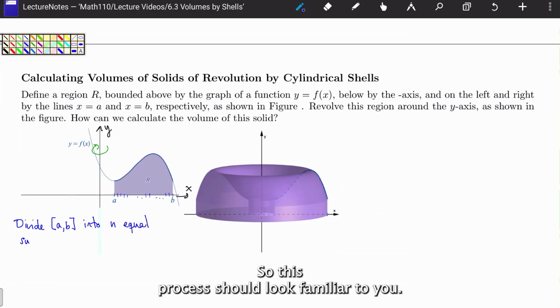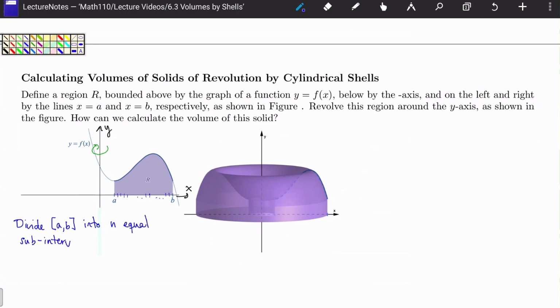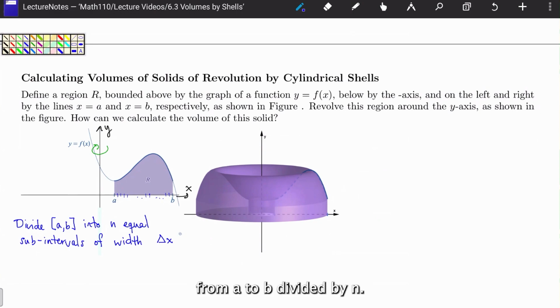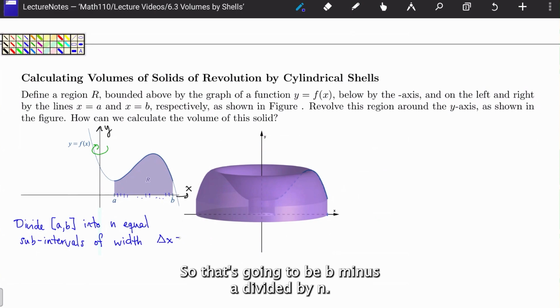This process should look familiar to you. Each subinterval will have width delta x, which is the length of the whole interval divided by n, so b minus a divided by n.